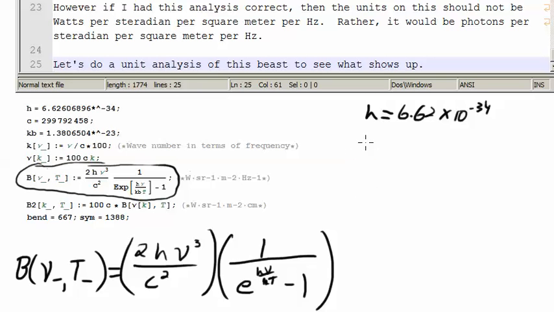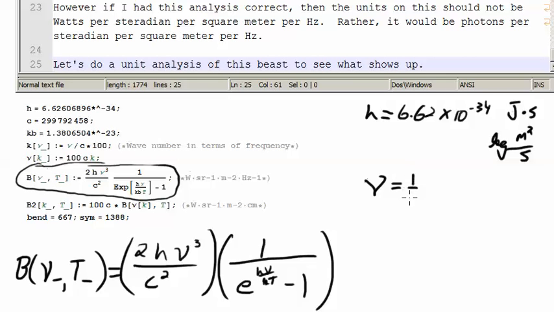You can write it as joule seconds. You can write it as kilogram meters squared per second.